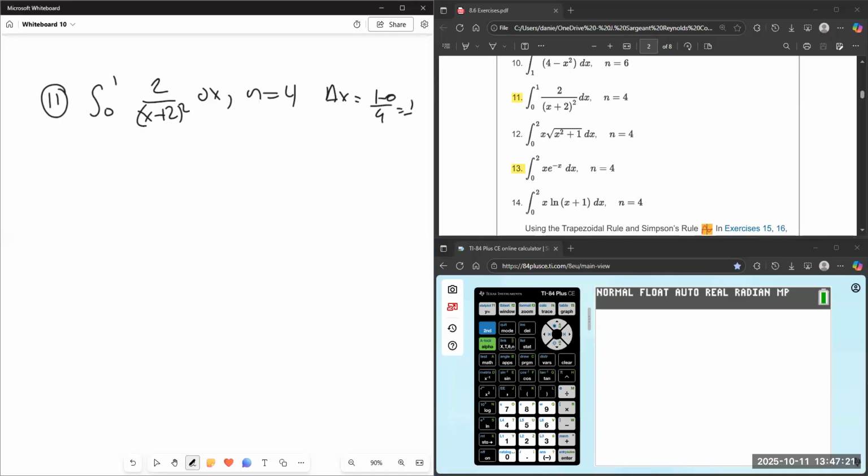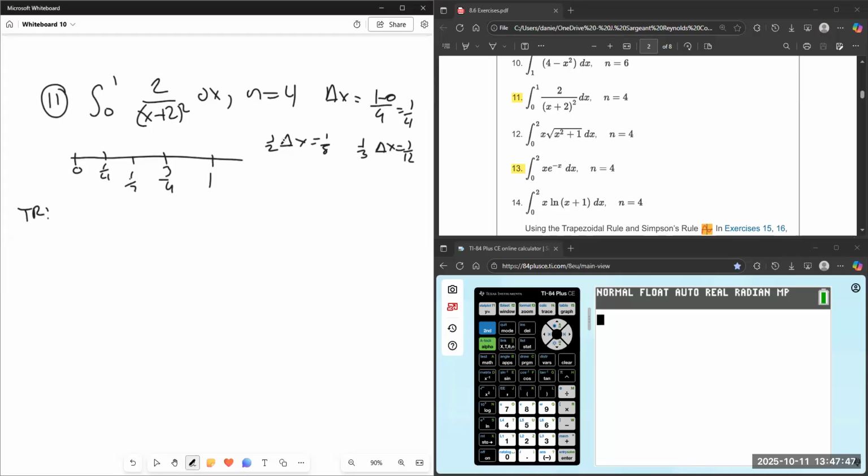It's 1/4. So we have 0, 1/4, 1/2, 3/4, and 1 as our x values. Let's go ahead and look at 1/2 delta x, which is an eighth, and 1/3 delta x is a 12th.